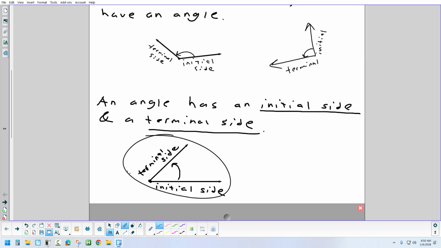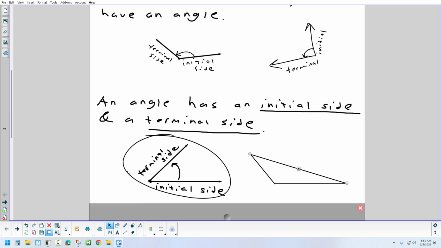Now, we also talk about angles that are inside of shapes. So if you had something like this, there's still angles there. But these three things that I just drew are not rays. What are these three things? Those are just line segments.